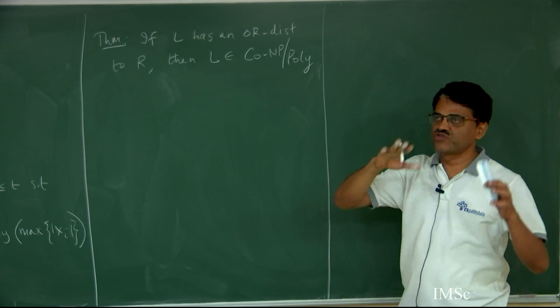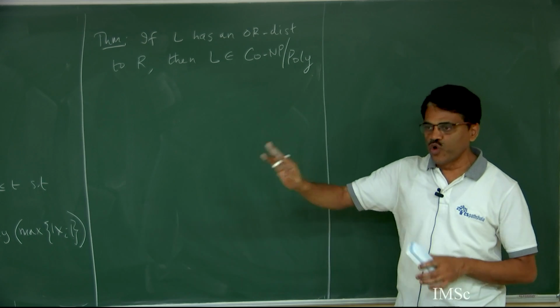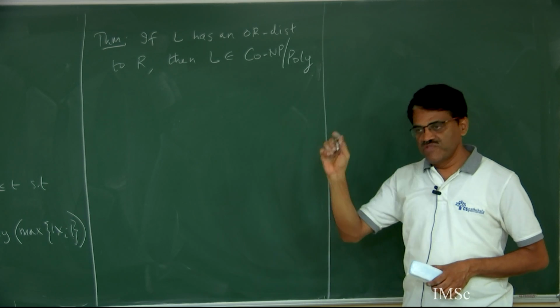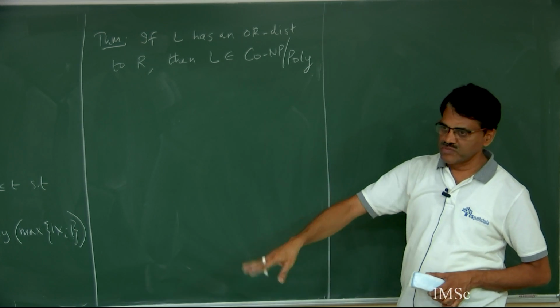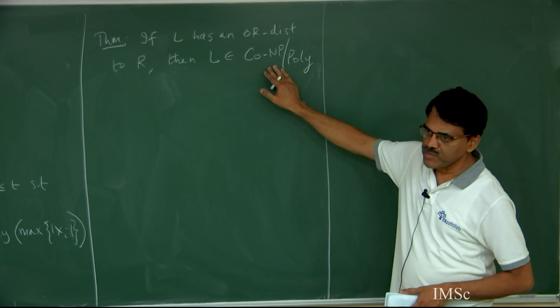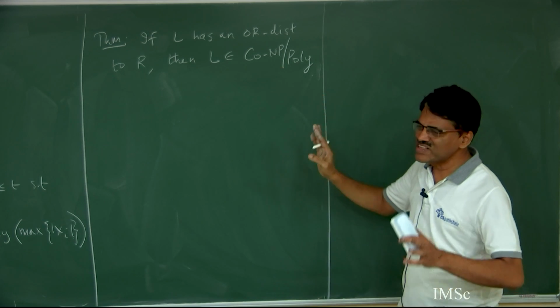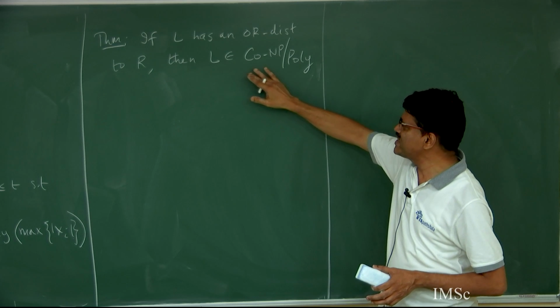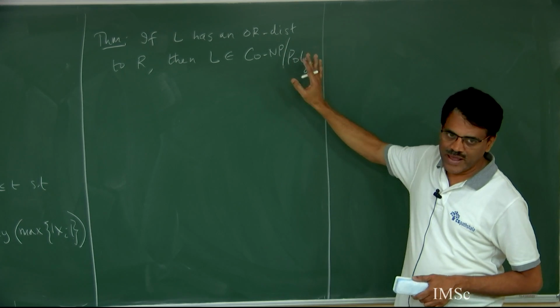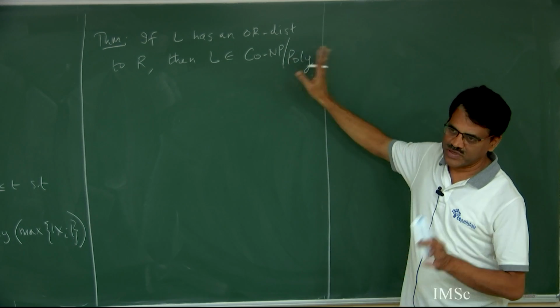So, NP is for yes instances, co-NP is for no instances. So, for the no instances of the problem, there is a witness, there is a non-deterministic Turing machine which will accept the no instances of the problem, then it is in co-NP. And co-NP slash poly means that it is in co-NP with some help, okay. Ignore what that help is, but something, okay.